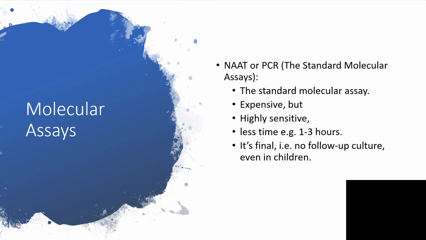If you use the standard molecular assay, it is expensive but highly sensitive. You're going to get results in 1 to 3 hours. It is final, which means no follow-up culture is required, even if you are testing children.